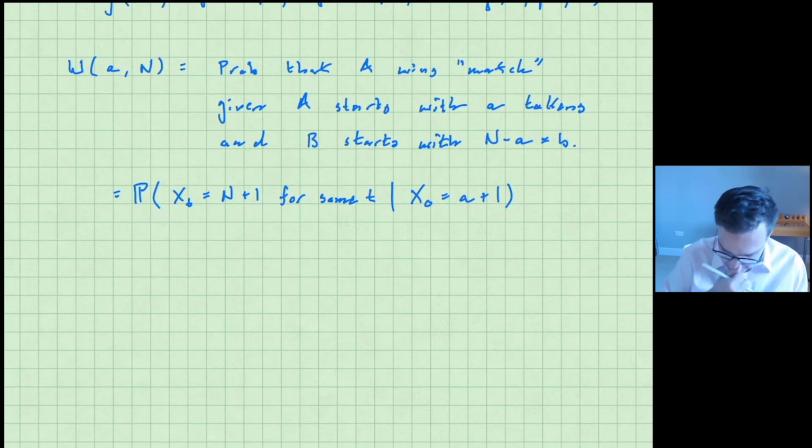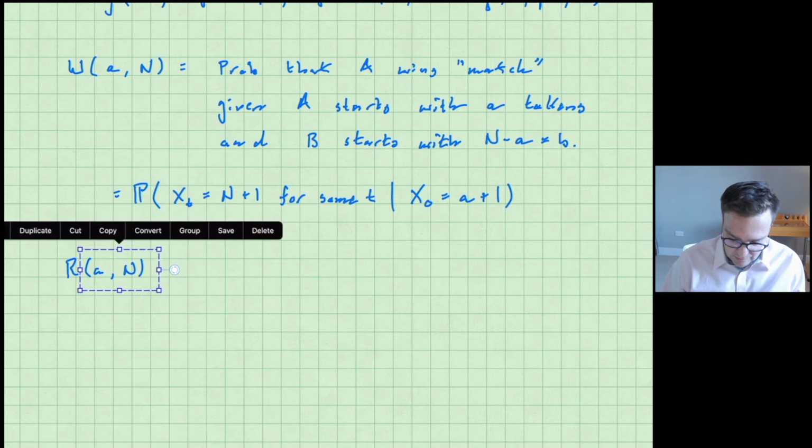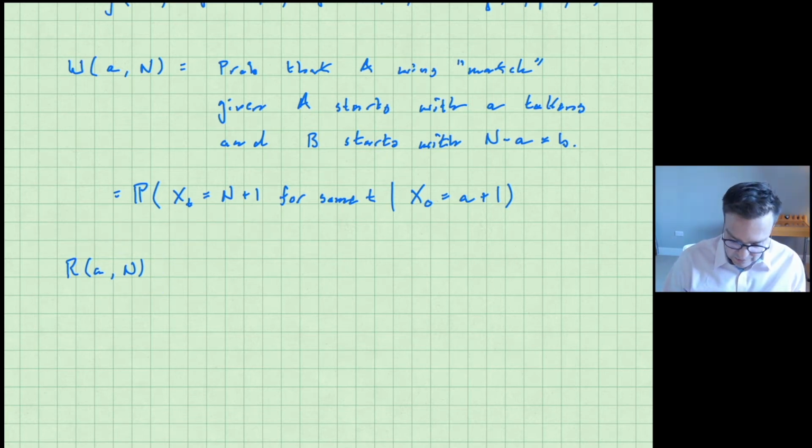All right, and then the other probability that's kind of interest is just the complement of this, and so we'll call that capital R. Similarly depends on A and N. And this is defined to be the complement, so it's just the probability that A will lose the match. Or you could say all this same stuff again and just reverse A and B. So this is the probability that A is ruined.